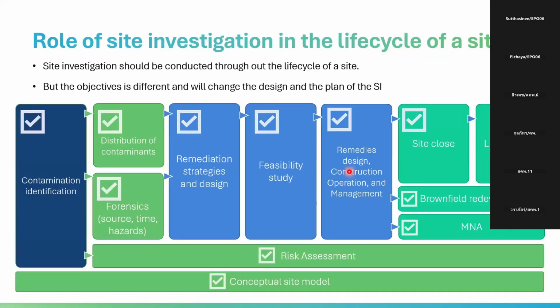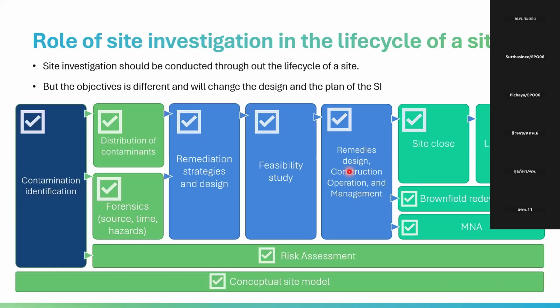So how do you do the site investigation plan? When doing the site investigation, it should be very objective, because site investigation always happens during the life cycle of the site. When you go to this site for the first time and take the sample, it is the contamination identification process. You have to design a contamination site investigation plan based on the phase 1 data.